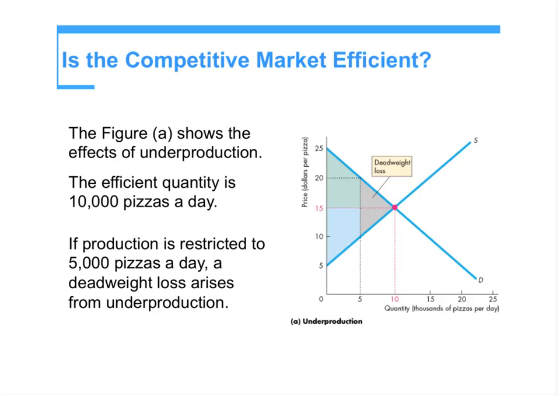The market and the production is not able to produce that extra 5,000 because the market is demanding it, and for any reason, it could be lack of resources, lack of cheese and pepperoni, or whatever is causing it. If the market is not able to produce the exact amount that is required by the demand, then we have a deadweight loss.